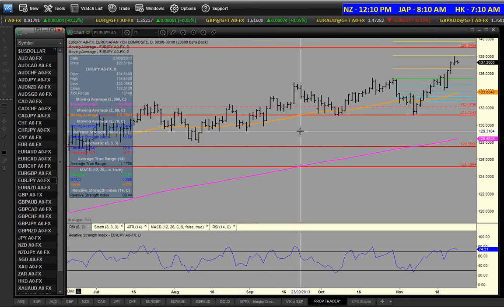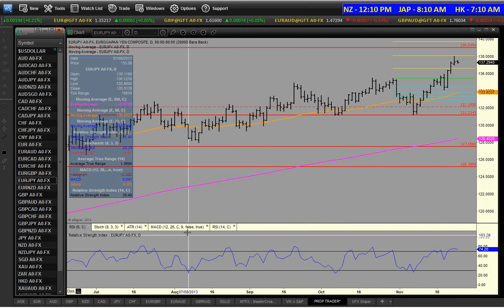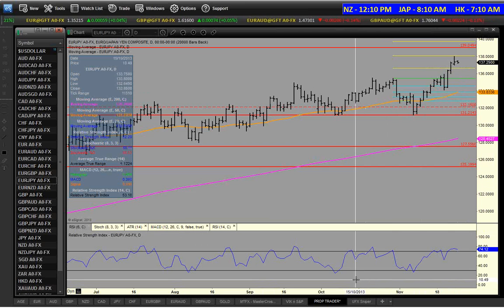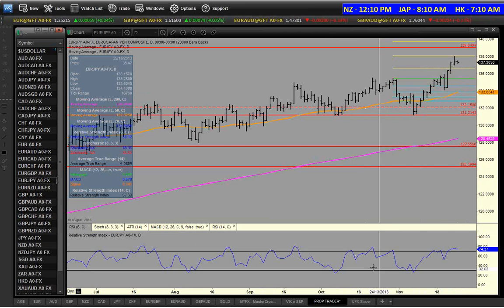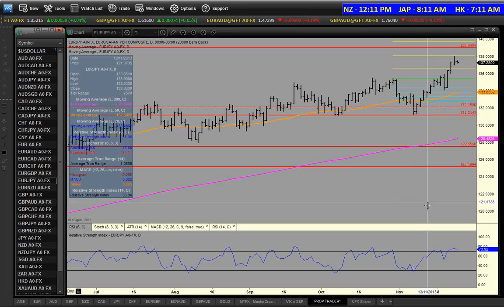Euro yen, like the Swiss yen, again should be in capital protection. Okay, it's had a good run. Lock in your profit. We're coming up to the end of the month, and those of you who are negative, you should be sort of taking profit when it's on the table.